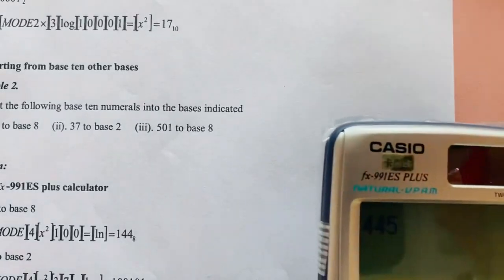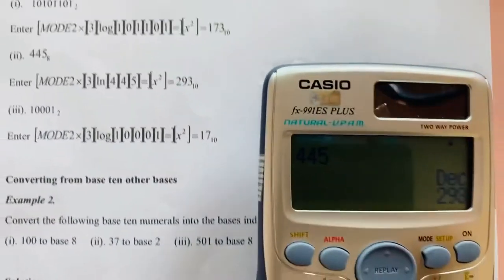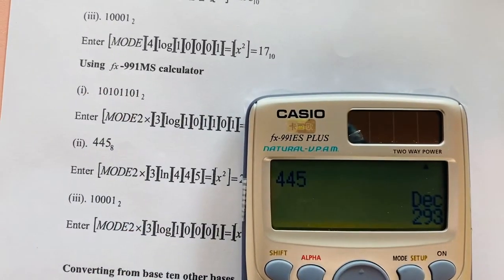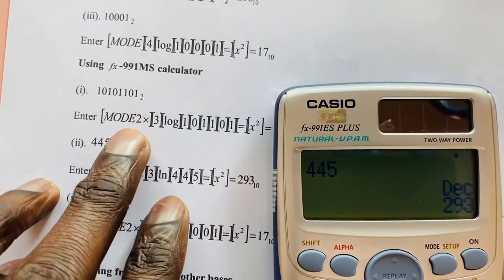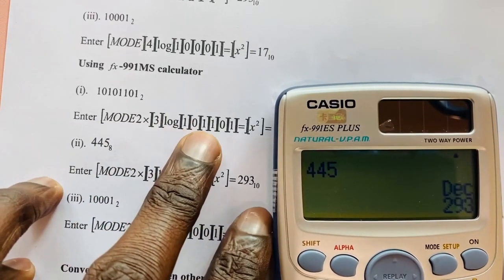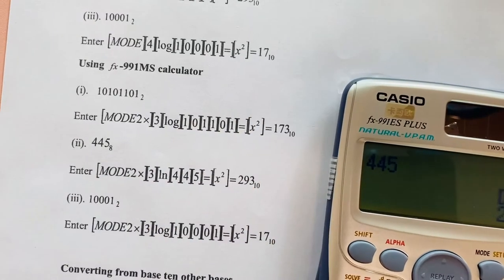Now those that are using the MS calculator, those people need to go to mode 2 times, you select 3, and it gives you access to enter your values and convert them.